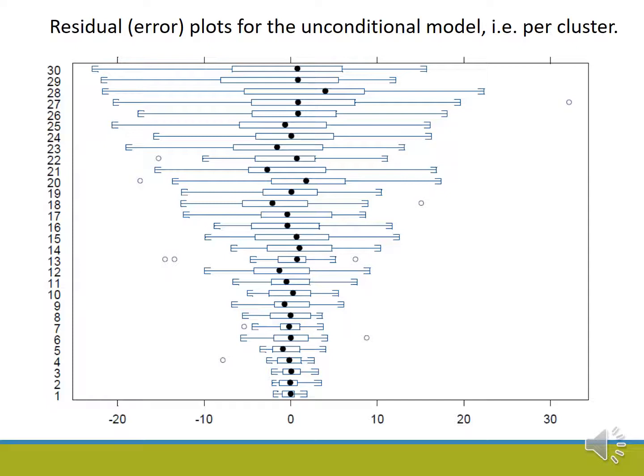So let's take a look at this diagram. This is in the paper by Roberts, and it shows the residual error plots for the unconditional model per cluster. And what you can see on the left-hand side is the cluster number, and then we have these box and whisker plots that show the mean of the residuals and the variation and the variance in those. So what do you see? First, what comes to my mind is that there is much more variation in group 30 than there is in group 1.